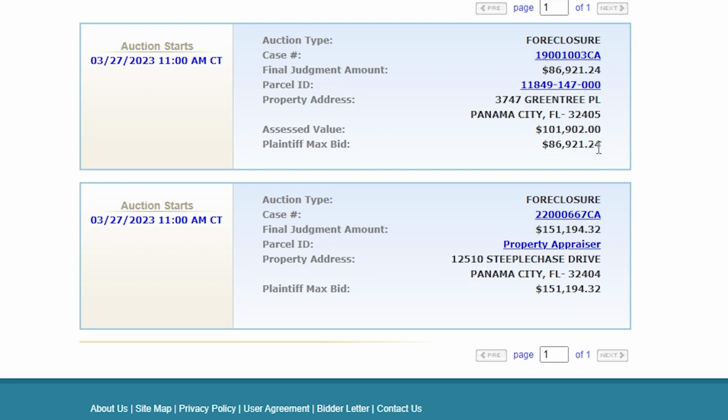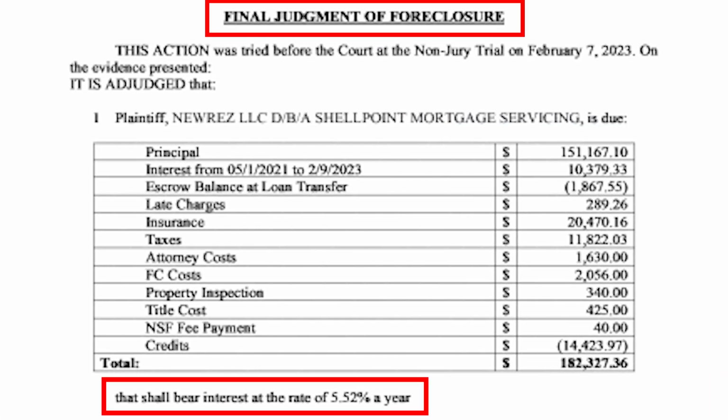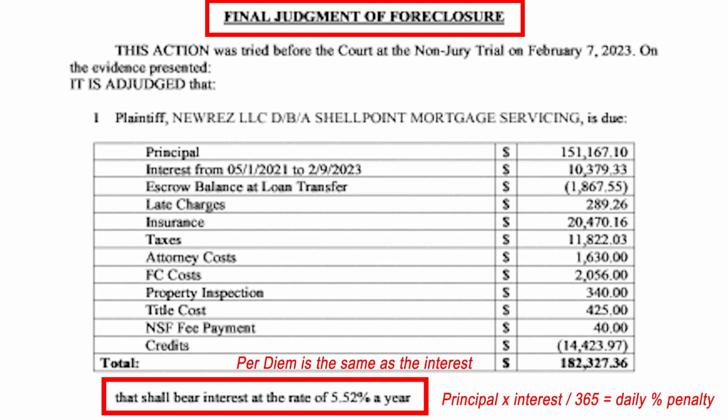So if you want to pinpoint exactly where the bank's going to end up being, and they show you something like this, you need to go back and figure out what the per diem is, and that's going to be found inside the final judgment paperwork. It's going to tell you how much per diem, how much interest they're charging, and take that and divide it by 365, then times how many days between that recorded final judgment amount and the actual date of the sale.